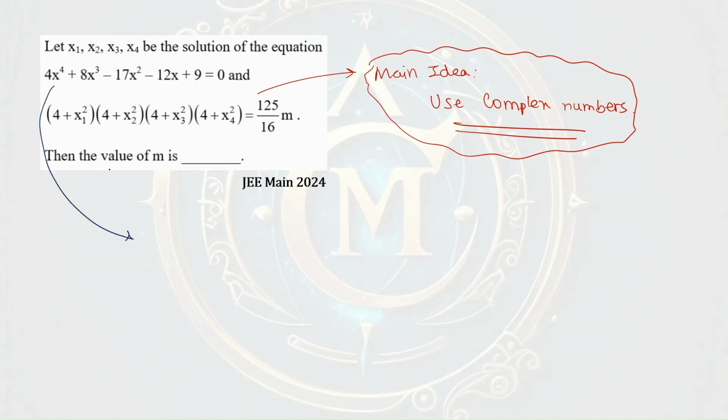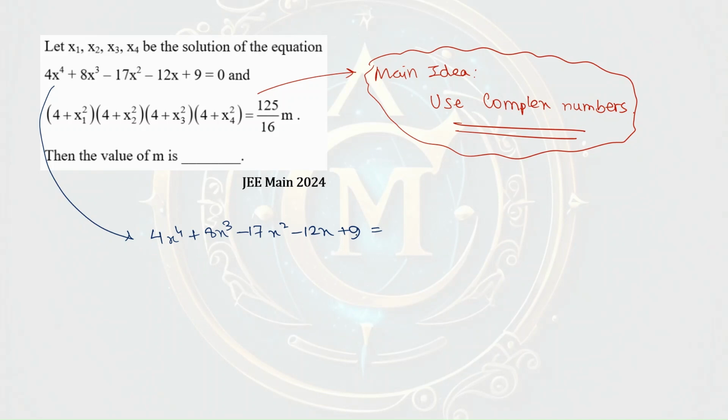We have to simply write this equation, which is 4x to the power 4 plus 8x cube minus 17x square minus 12x plus 9 equal to 0, in product form. So this is a polynomial which can be represented as the product of some linear factors times the leading coefficient. In this case, the leading coefficient is 4.